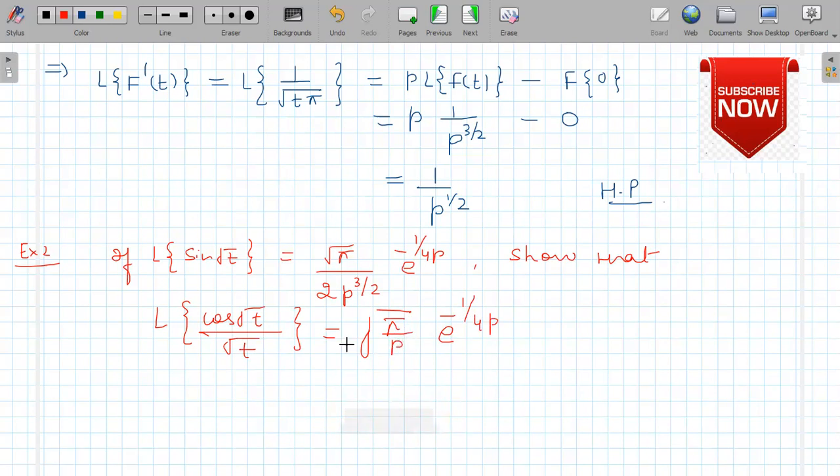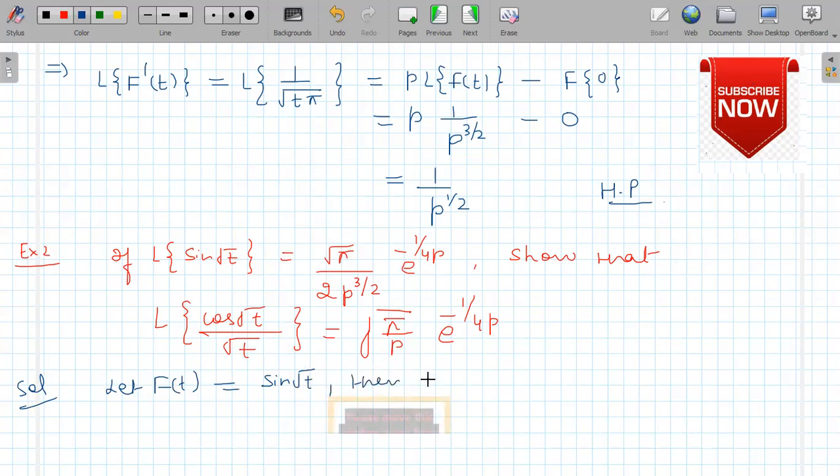Again, you can do some rough work and check whether this value is the derivative of this function or not. So I will do it for you. I take my function ft as sine of square root t.